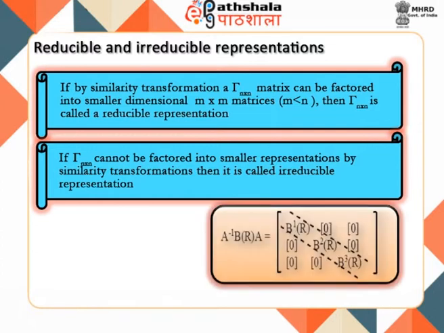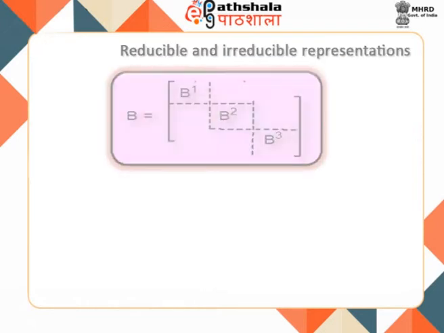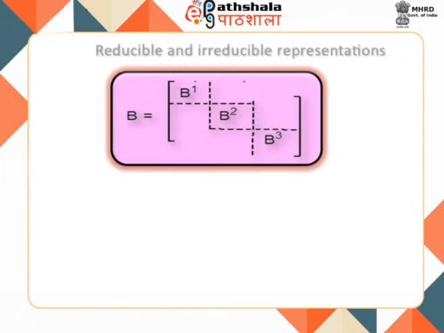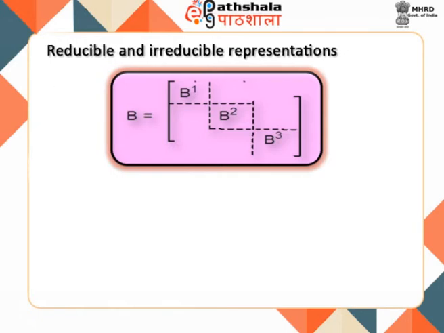Factoring of the larger matrix Br of reducible representation tau red can be expressed as given: B1R, B2R, B3R, etc. are block matrices related to Br by similarity transformation, and the zero matrix represents a rectangular array of zeros. Similarity transformation produces block diagonalized matrices, which are square arrays.